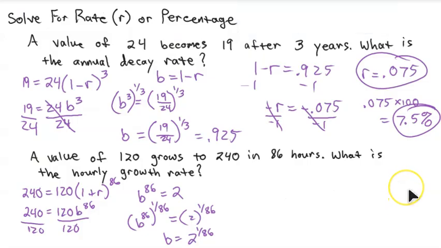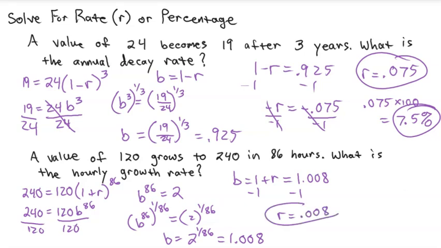And so we're going to say that b is equal to 1.008, okay? And so we know that b is equal to 1 plus r. And so we can set that equal to 1.008. We can subtract 1 from both sides, and we get r is equal to 0.008.